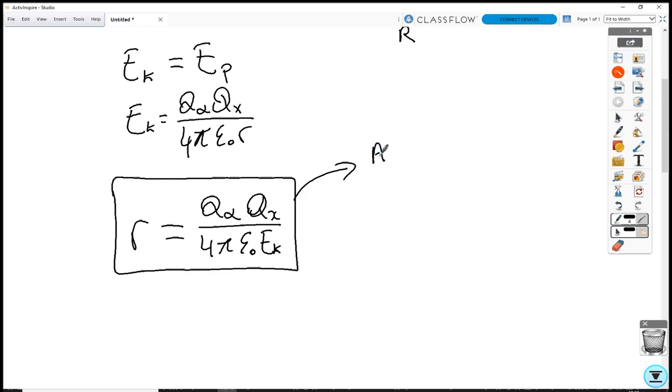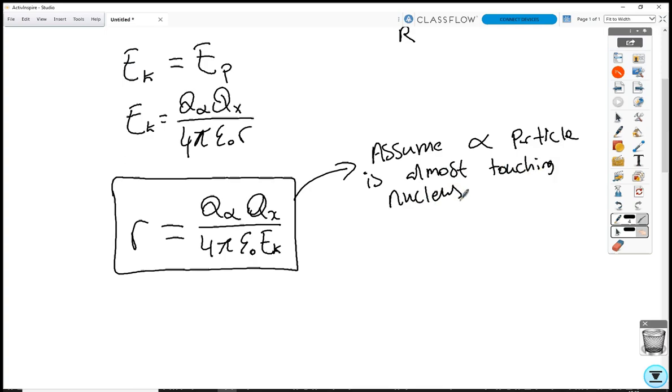So with this, we assume the alpha particle is almost touching the nucleus. So if I draw that, there's your alpha particle, and I'll leave a very small separation.